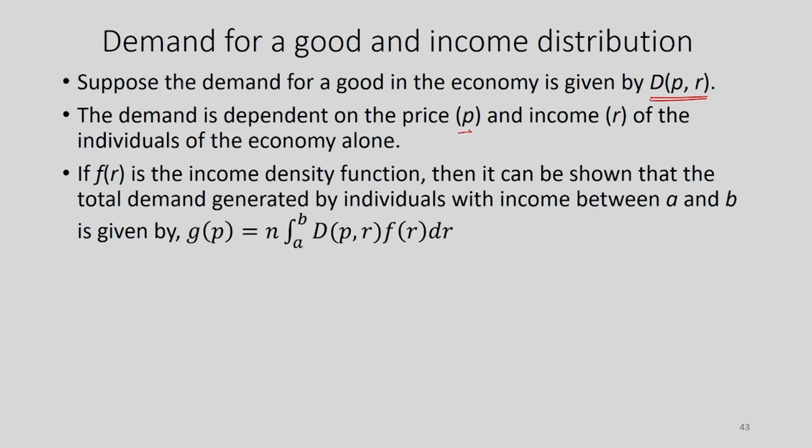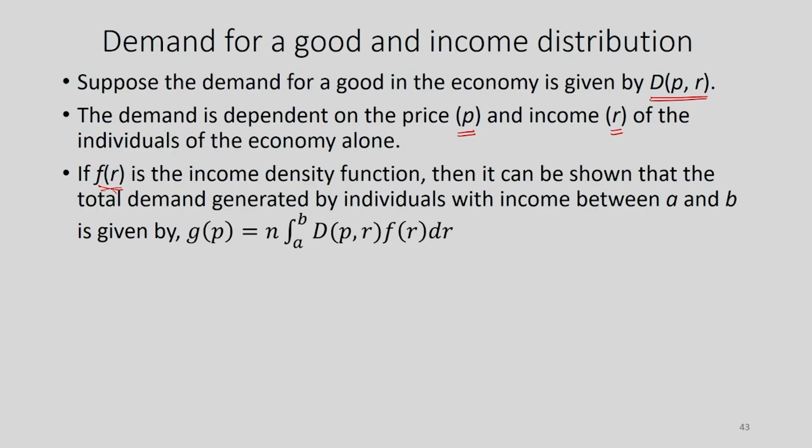Here p is price and r is income, like before, the income of the individuals of the economy. So, demand is only dependent on these two variables. The price of the commodity that we are talking about is given by small p, and the income of the individuals, and let us suppose small f(r) is the income density function.